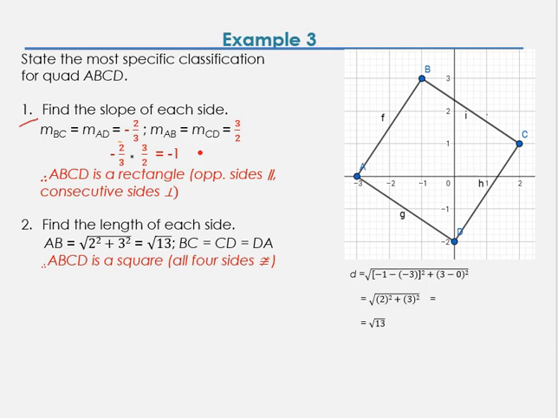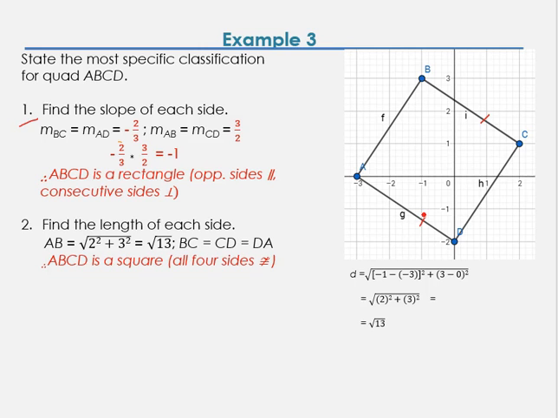So let me see if I can find a place where I can mark this without interfering. And we need to figure out what the slope is. So the slope of BC and AD are both -2/3.